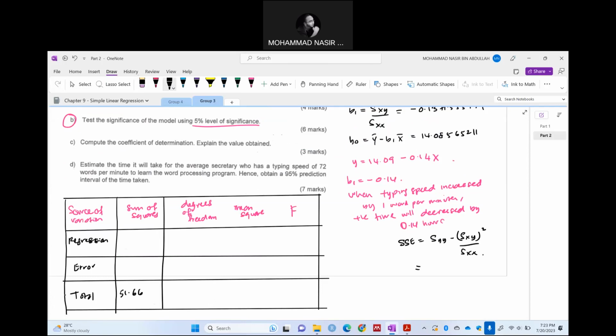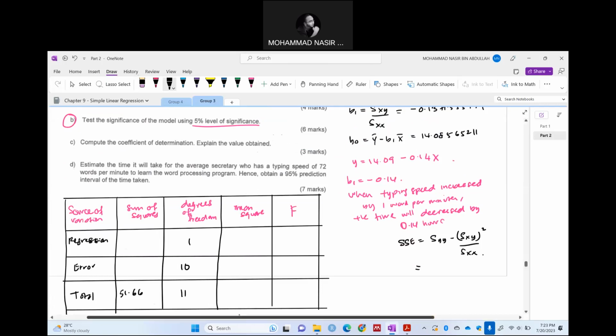Can you calculate this one? This one should be berapa? 2 points.